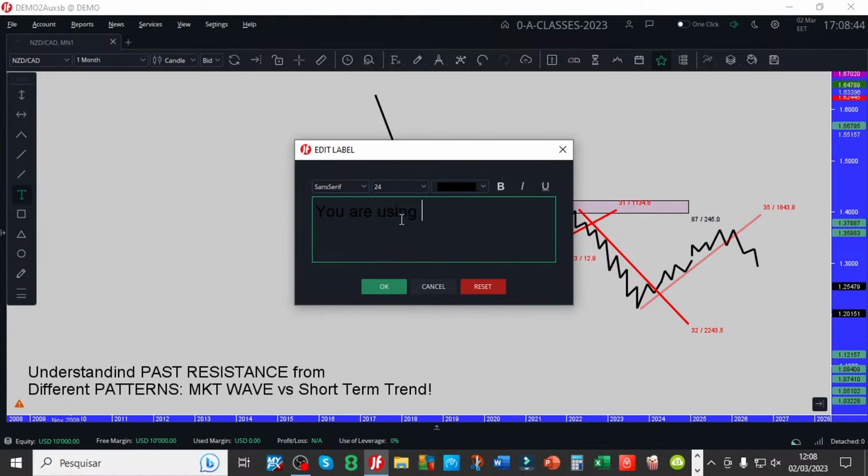You are using the no trade zone for number one, knowing when not to enter a retracement trade, and number two, knowing when to enter an extension trade.